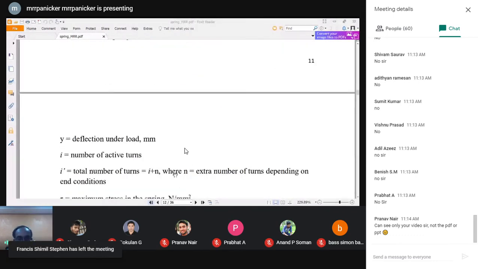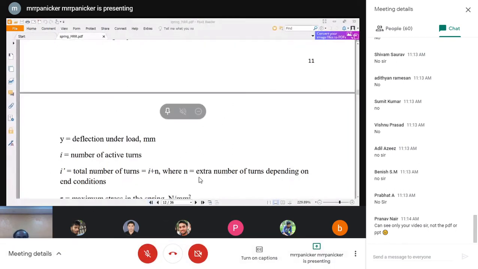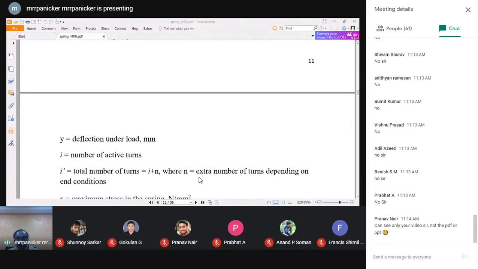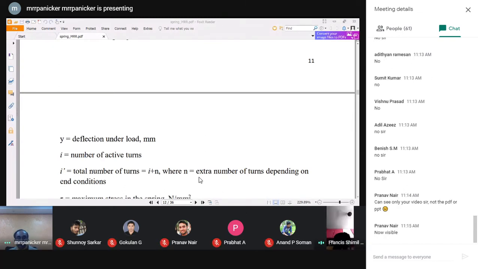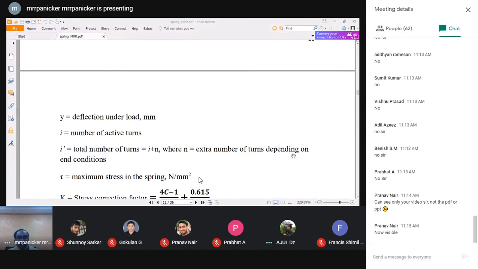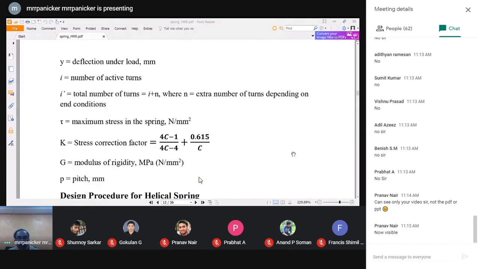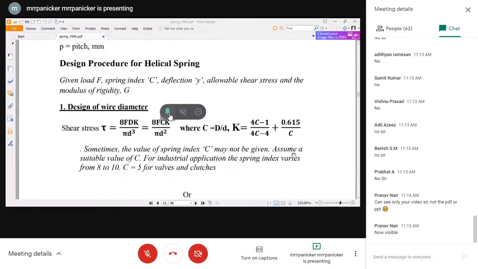So already one minute sound. So this is the equation that we already discussed, the stress.